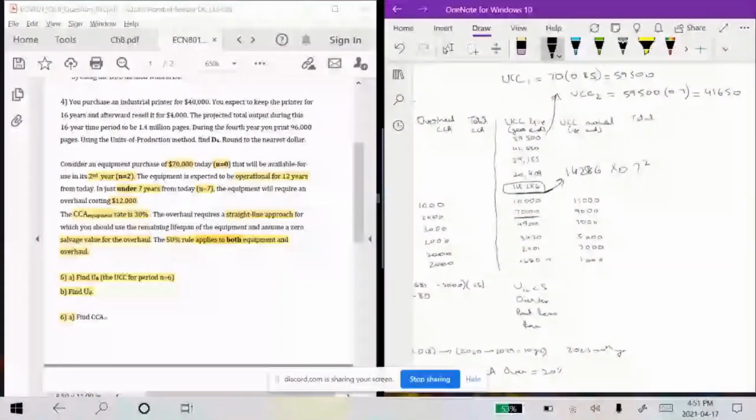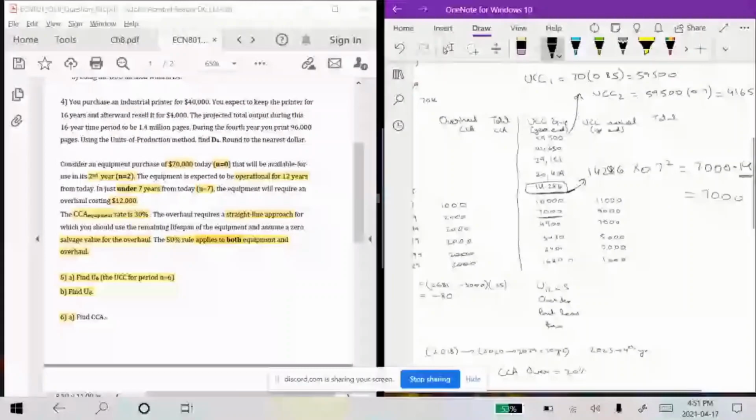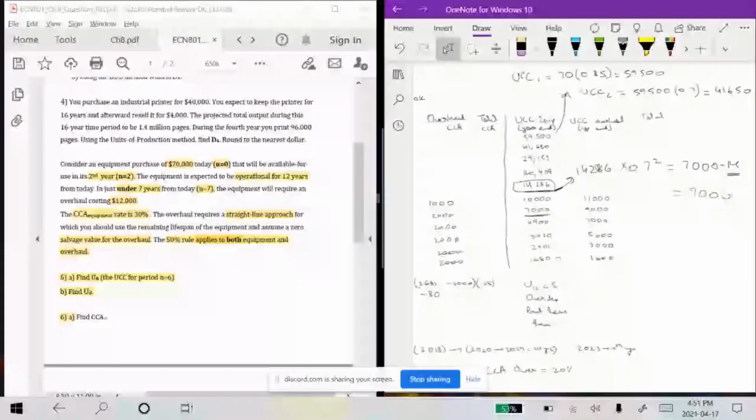So you get 7,014, but then you just leave the point because you don't do that in this chapter. 8 and 14. You get 7,000. Right. So this is how I calculated this all.